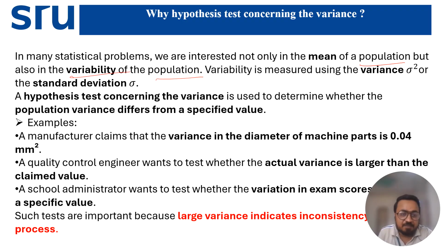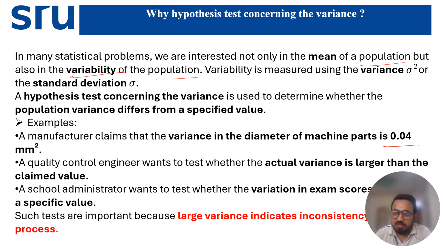For example, a manufacturer claims that the variance in the diameter of a machine part is 0.04 millimeter square. A quality control engineer wants to test whether the actual variance is larger than the claimed variance. A school administration wants to test whether the variation in exam scores is a specific value. Such tests are important because large variance indicates inconsistency in a process.